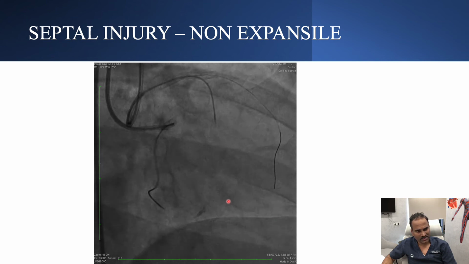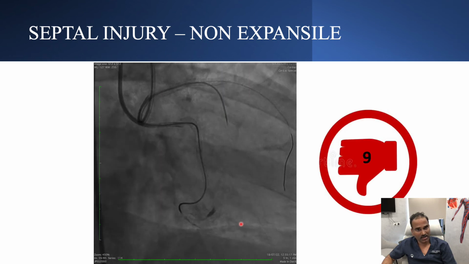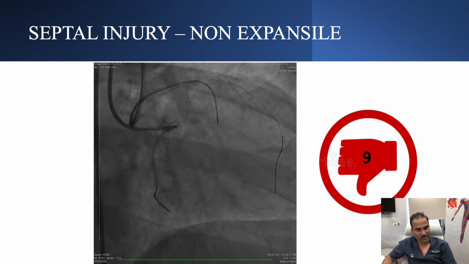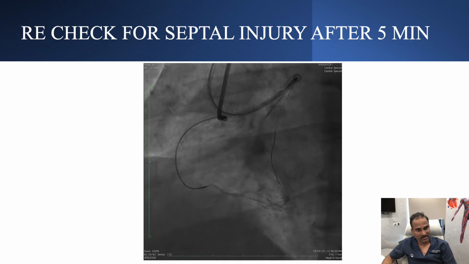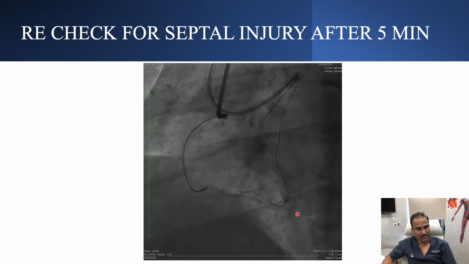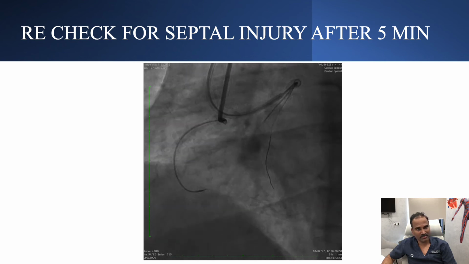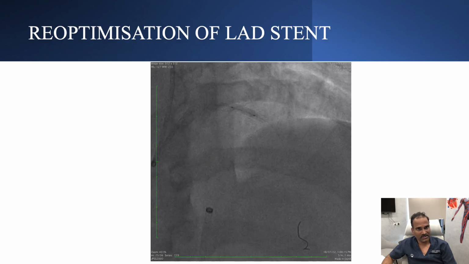Then we made out there is a mild septal injury with septal hematoma. So this is the next hostility I had, and yeah, we waited for 5 minutes and rechecked. It is a non-expansile septal hematoma, so that's when we thought we can leave it.